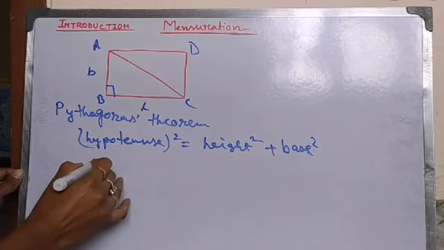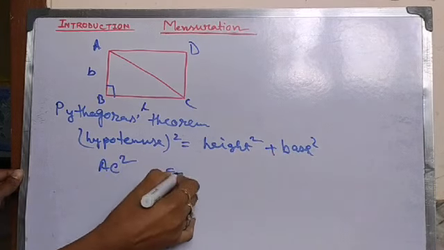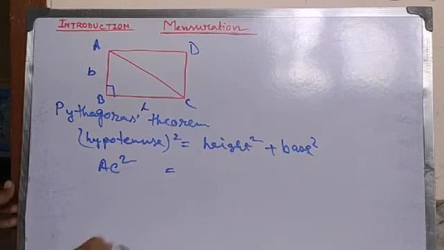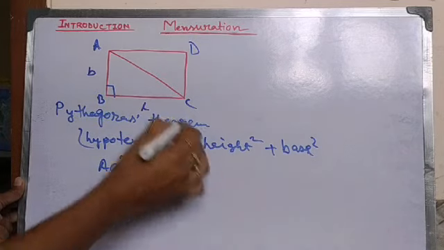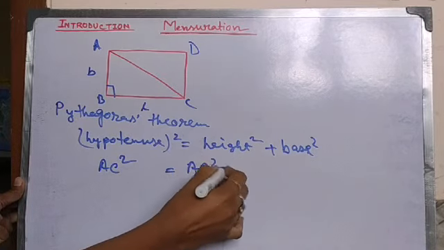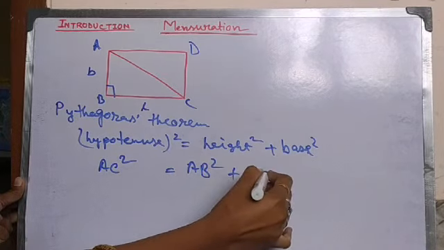The hypotenuse is AC, so AC square equals AB square plus BC square.